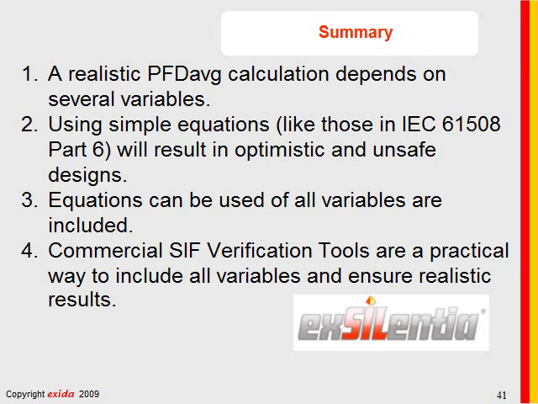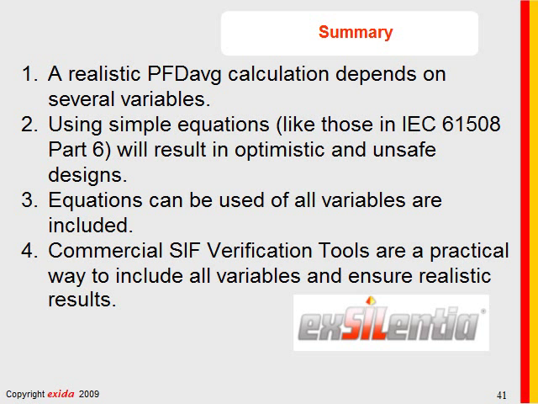I hope today you've seen that a realistic PFDavg calculation depends on several variables. We've named 9. Some of them are more significant than others depending on the application, but all 9 can be significant. Using simple equations like those in 61508 Part 6 will result in optimistic and unsafe designs, as we've shown you in the example.